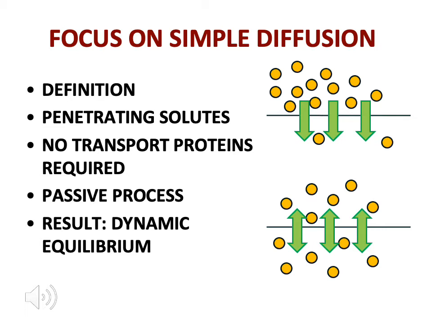Concentration gradient: the molecules are moving, random kinetic movement, they're colliding, bumping into one another, and once in a while they will move from the highly concentrated region across the membrane to the less concentrated region. Follow the arrows. And once we're done, we have a dynamic equilibrium that results. So, no energy is being expended in this process.